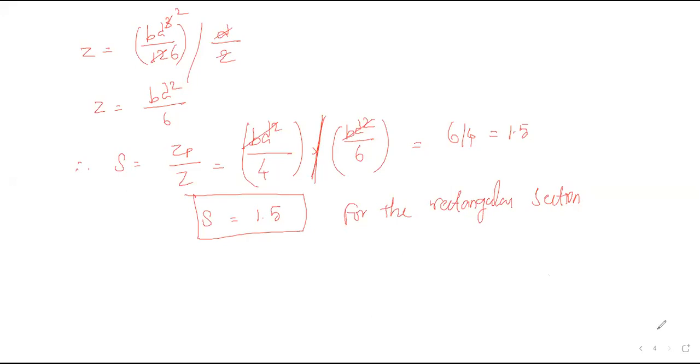So next we should go for the diamond section. The shape factor for the diamond section. So the figure is like this. The neutral axis lies in the middle of the section.